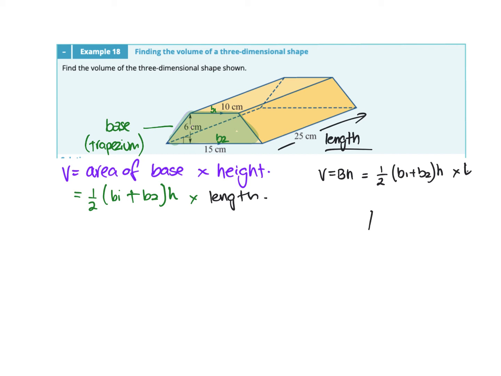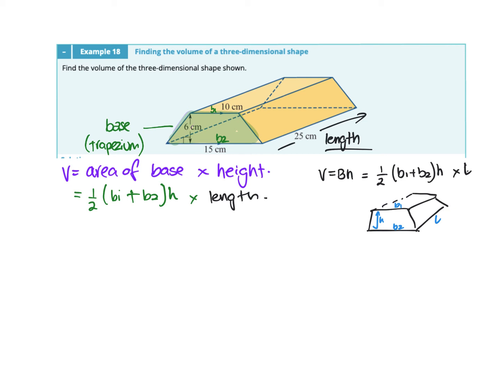So you might put this on your cheat sheet just to make your life a little bit easier, and you can write that's B1, this is B2, we'll call that one the height, and we'll call that the length, just so you've got a summary.